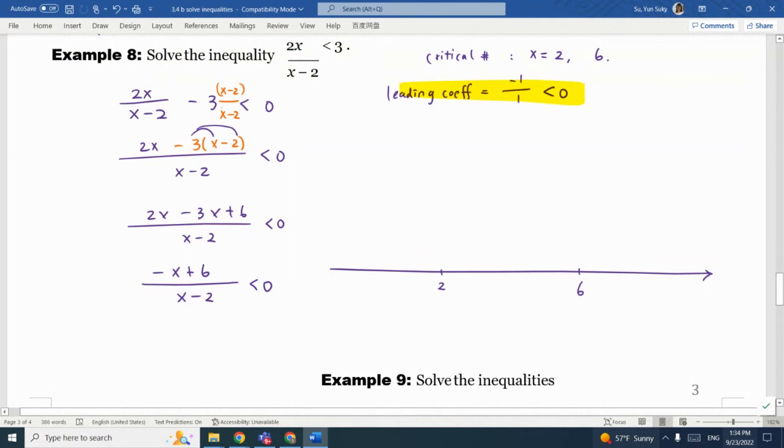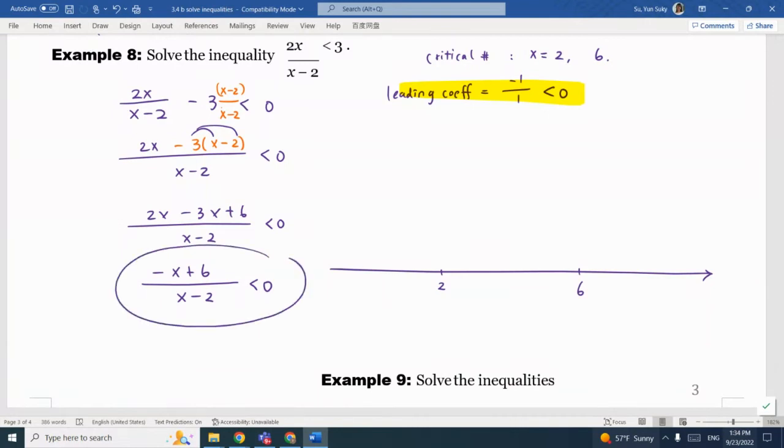Oh, I almost forgot. Open circle or solid circle? Does it matter? No, right? So we put both open, right, everybody? Okay, so we start with the upper or lower right? Lower. Okay, and then we cross or bounce off?